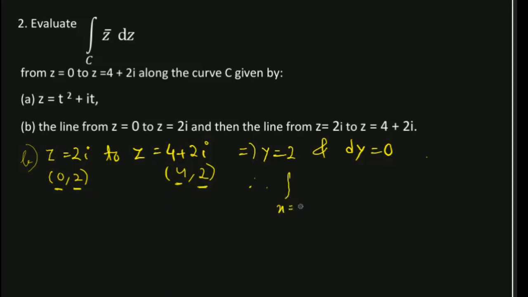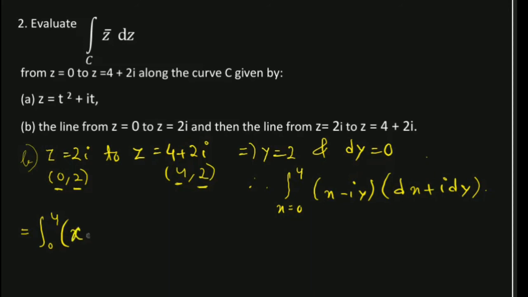Therefore integration with x going from 0 to 4, and this is (x - iy)(dx + i dy). Now this is equal to the integration from 0 to 4 of (x - 2i) dx, because dy = 0.